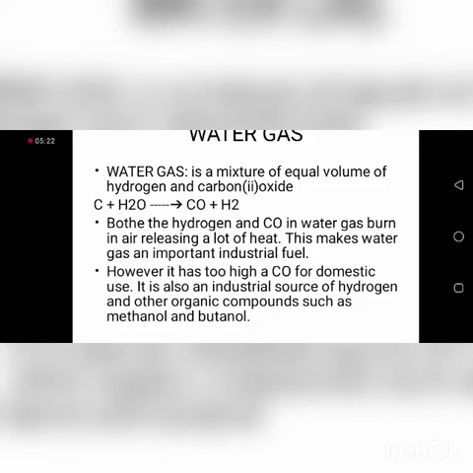So water gas is better and produces more heat than producer gas. However, it has too high CO content for domestic use. It is also an industrial source of hydrogen and other organic compounds such as methanol and butanol.